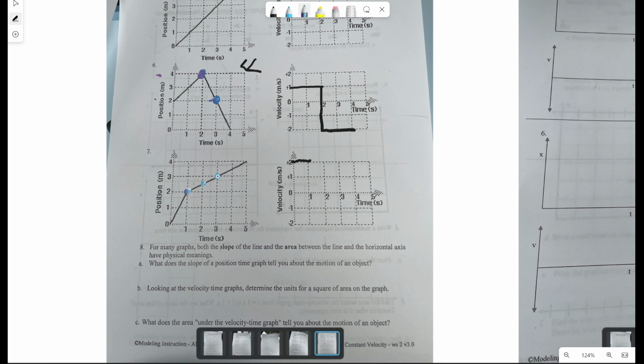And what does that look like if I draw that right here? 1 meter per 2 seconds is a half a meter per second. So this might look a little different when we're drawing it over here. And that's constant. It looks like it's going to do that the entire time up until 5 seconds.